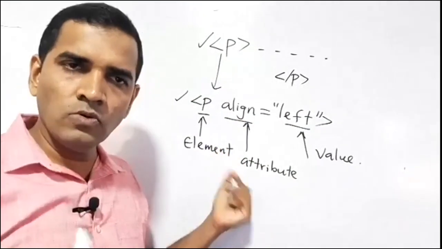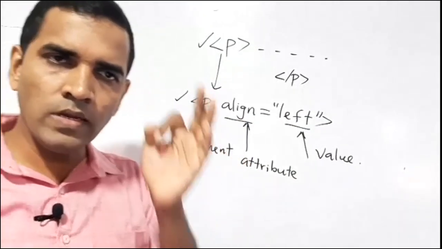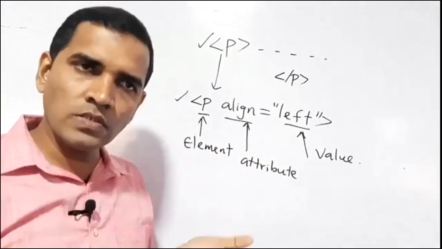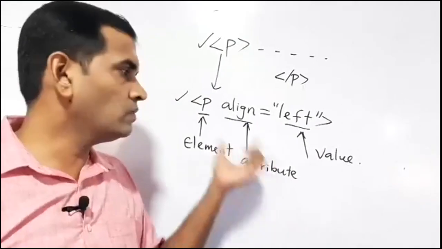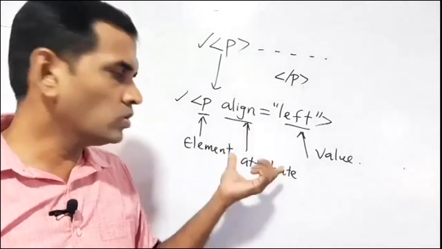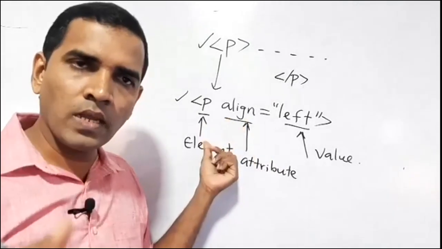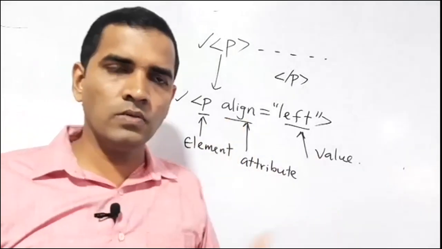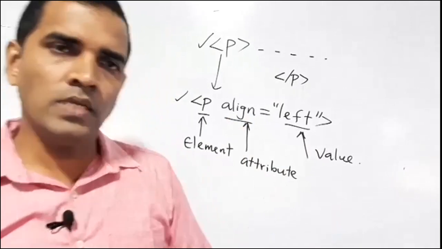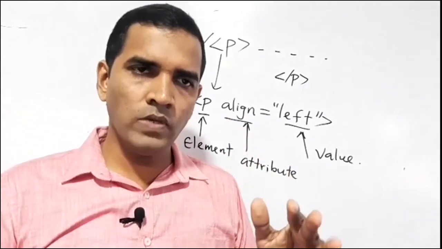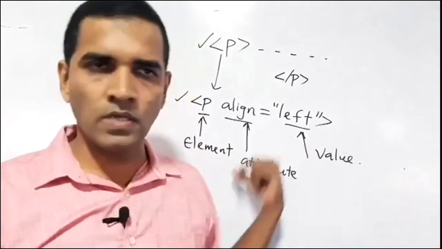Without an attribute, the element has very little meaning. In order to describe the element further, we want the attribute. Because of this attribute align, we are able to describe this paragraph as center or justify or even right. This will be very simple when we take some other similar examples.